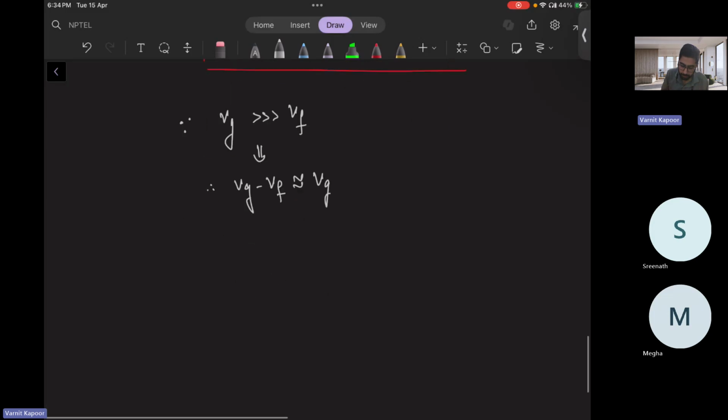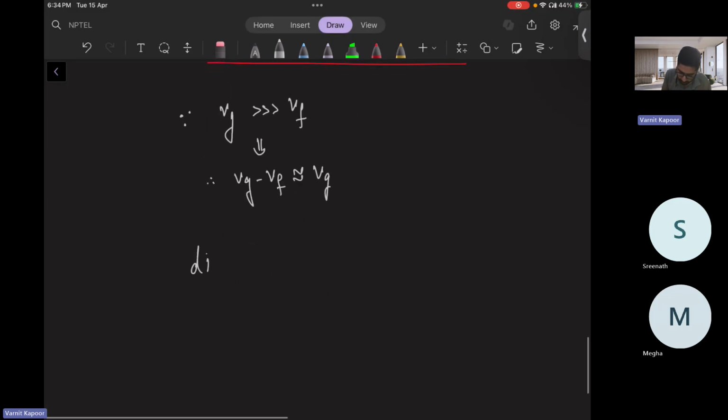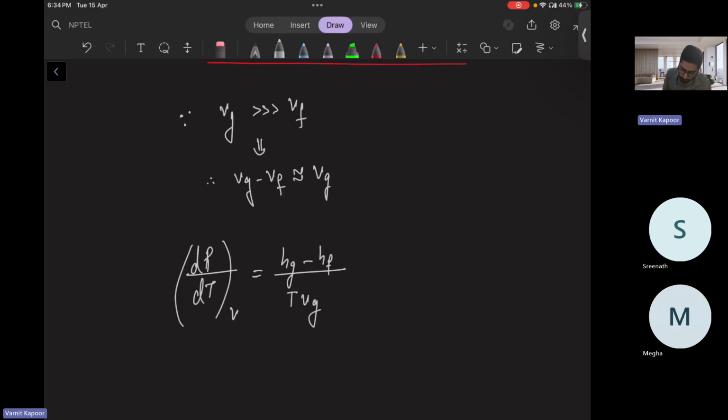Put it back in the above relation. So you get dP by dT at constant volume is hg minus hf over T into vg, specific volumes. These vf and vg are specific volumes at the saturated liquid state and saturated vapor state.